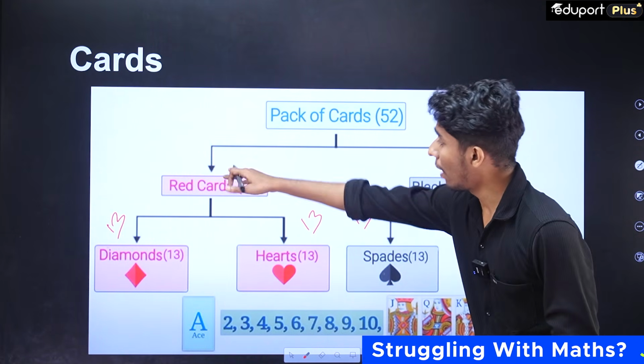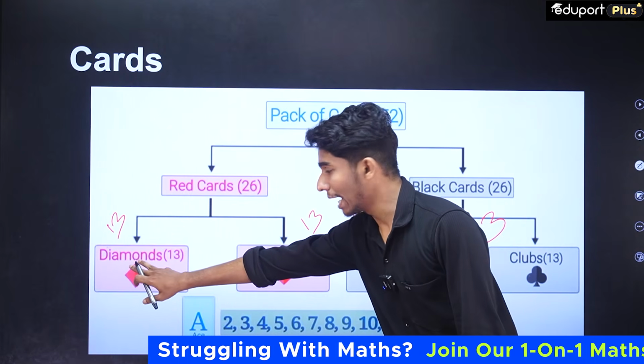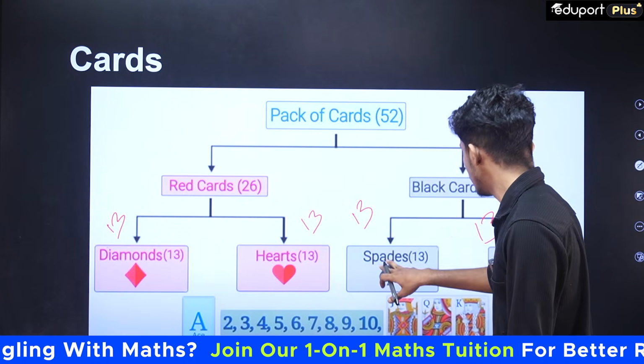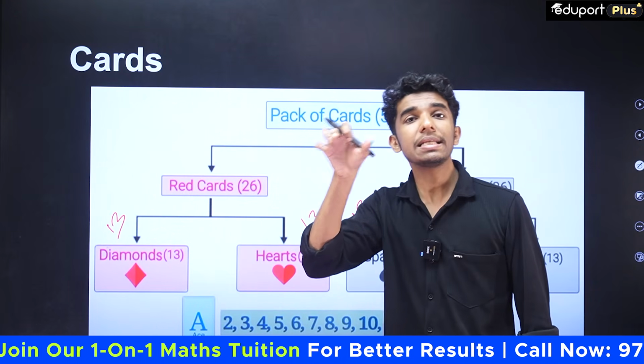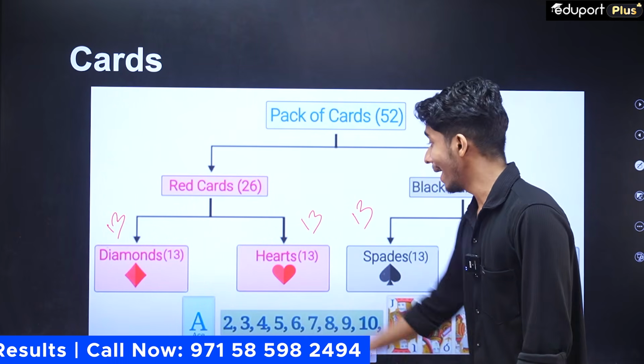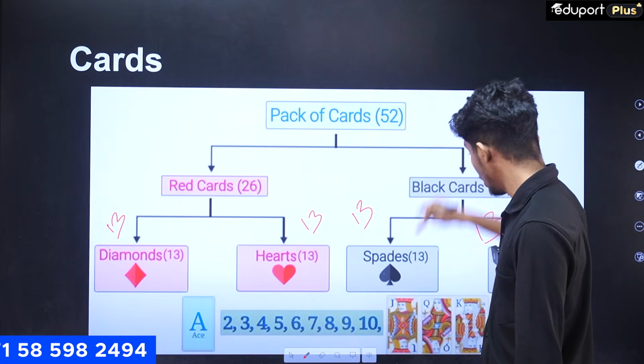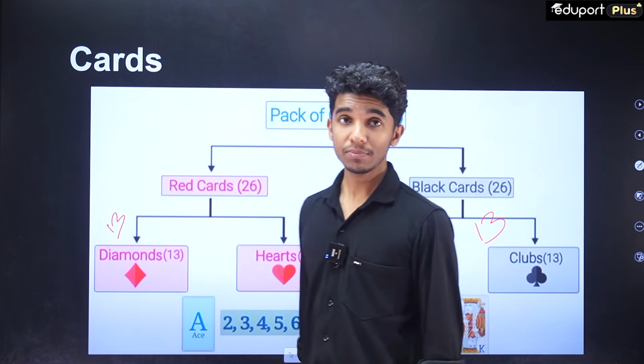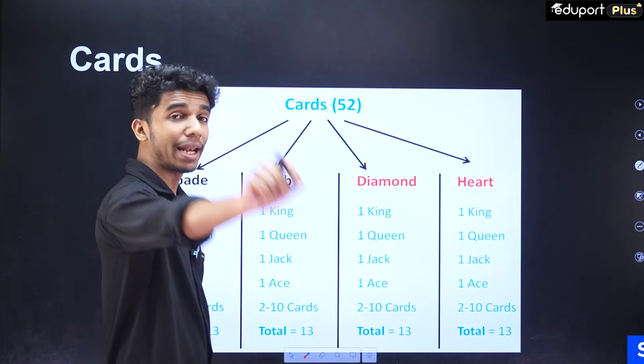Again, it is divided into 4 sections: 13 diamonds, 13 hearts, 13 spades, 13 clubs. Each of these includes the numbers from 2 to 10 and ace, king, queen and jack. Also an extra point.